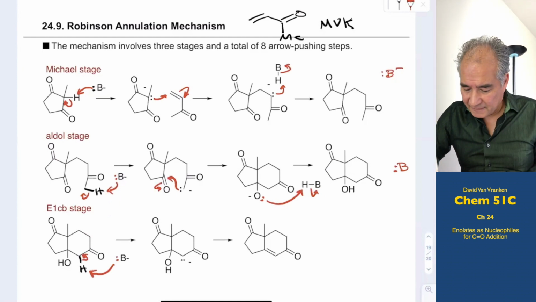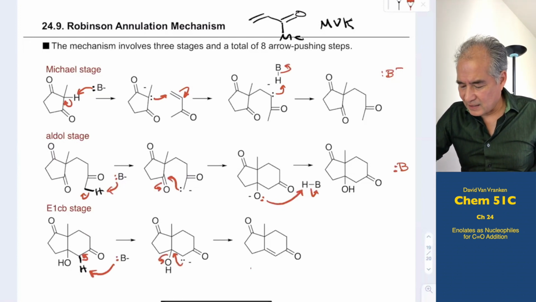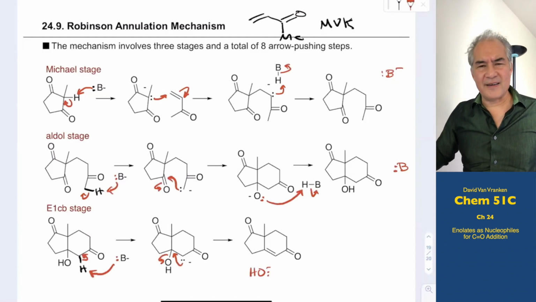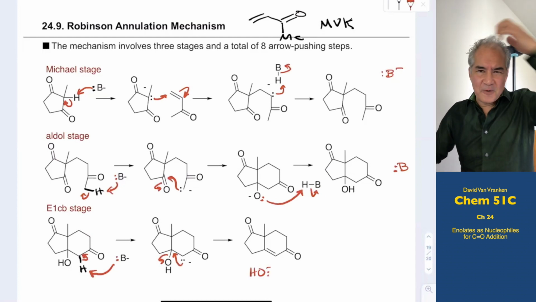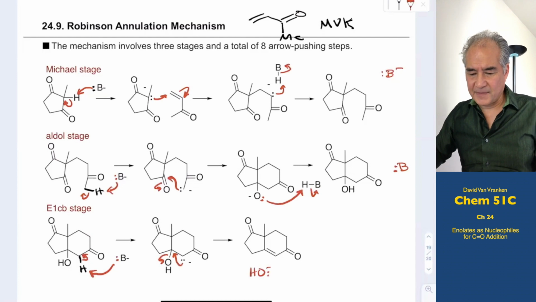So we make the enolate first, and then in a second step, not one step concerted, we push out the hydroxide leaving group. And I'll go ahead and draw that out just to get you used to the idea that hydroxide can be a leaving group in E1CB type elimination mechanisms very easily.